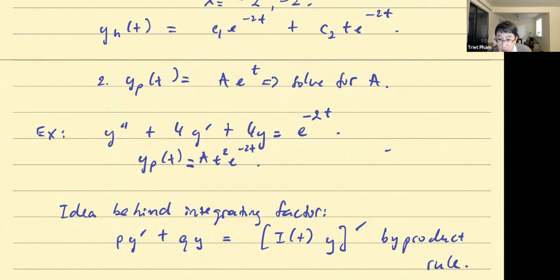That being said, there is a method called the variation of parameter. Again, I'm not so sure if we'll cover that in this class. I don't think we cover it in 244, and you can look it up on the web to see what they talk about.